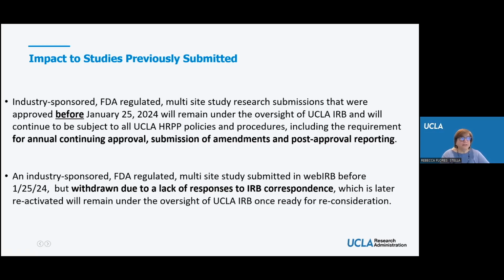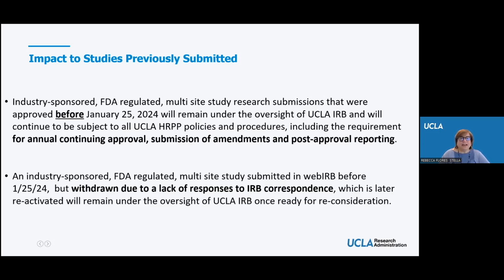Also, if you have a study that's in process under the UCLA IRB, and it was withdrawn due to lack of response to IRB correspondence, usually because you're waiting for some sort of ancillary committee approval, or perhaps your sponsor is negotiating language in the consent form and it's taking a few months to get that language finalized.